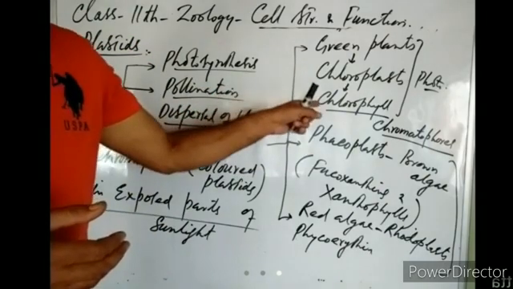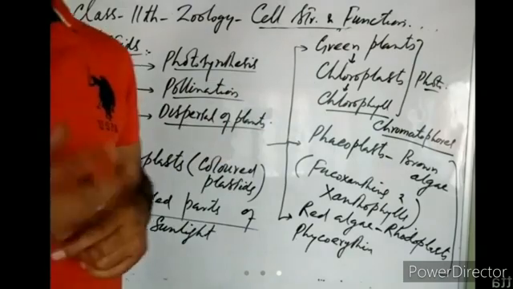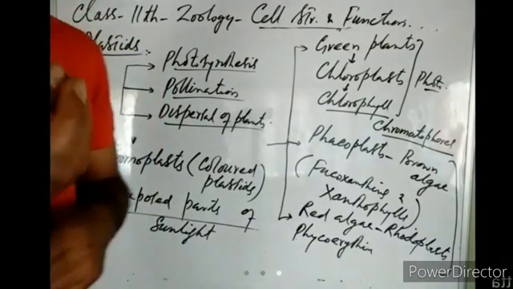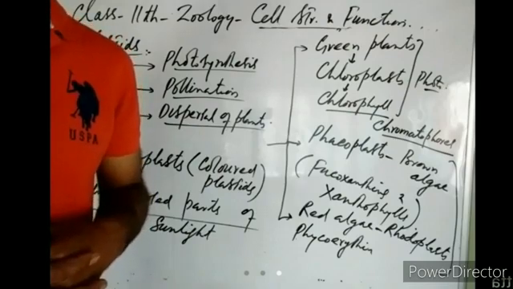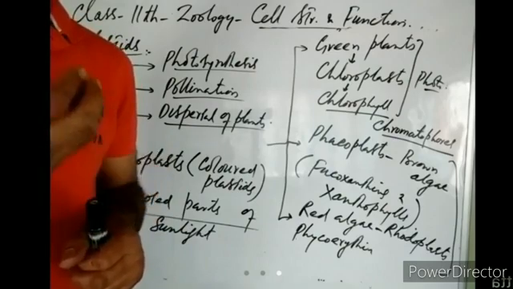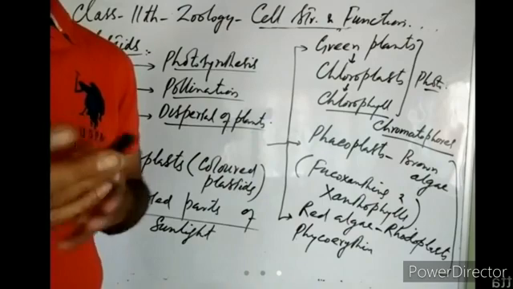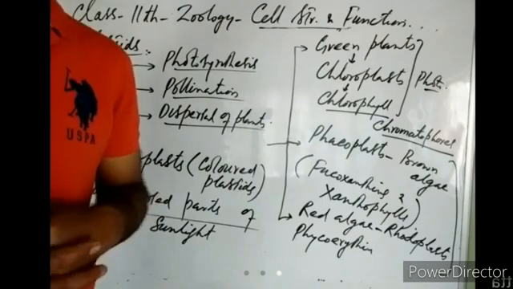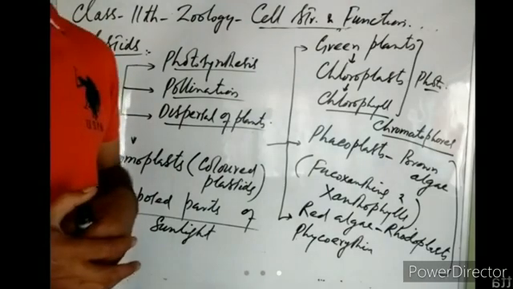Similarly, a chloroplast may also develop some other pigment. For example, when we see tomatoes and chilies, in the beginning they are green in color. As they ripen, their green color is replaced by the orange or red color.